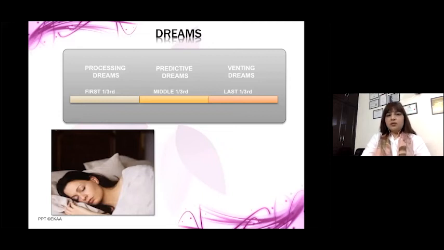So your subconscious mind stores every experience that you had in the previous day or the entire day. It stores them according to the feeling attached, whether that experience was good, bad, traumatic, irritable, etc.